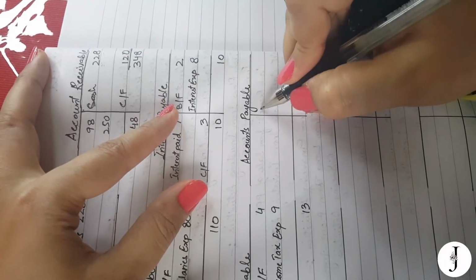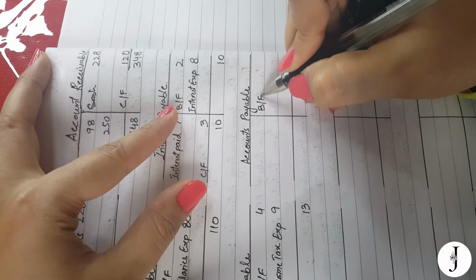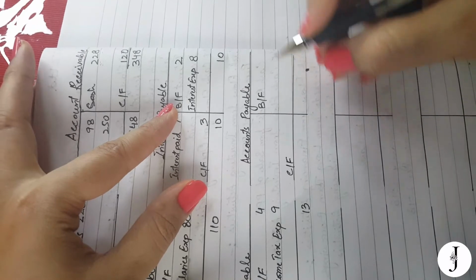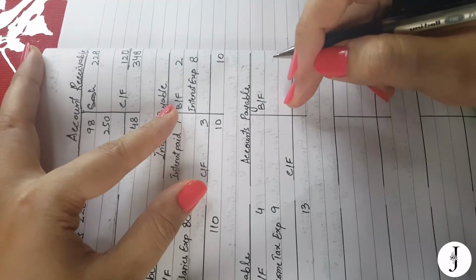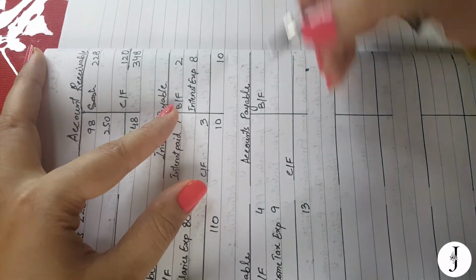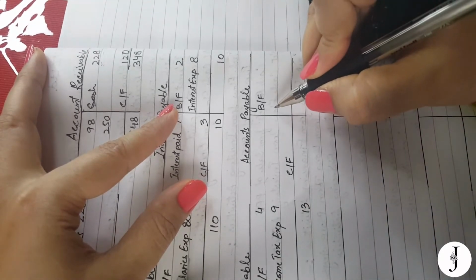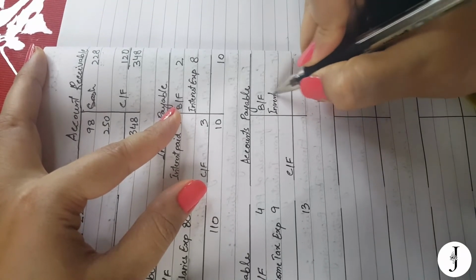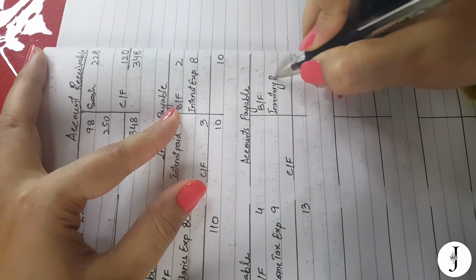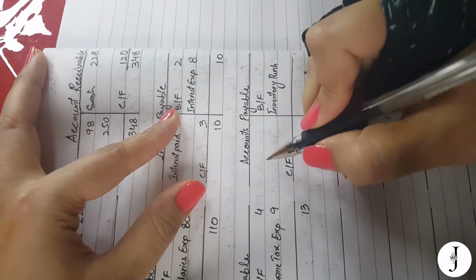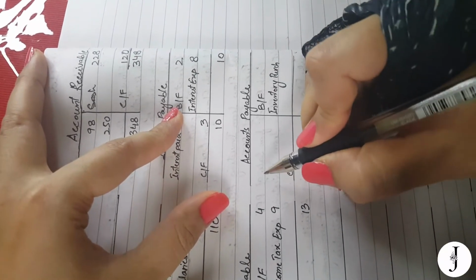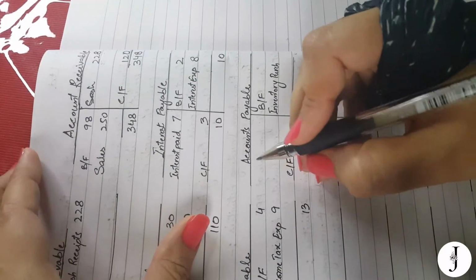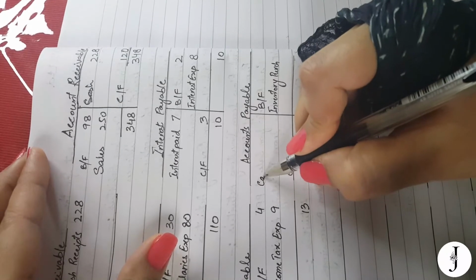So the opening balance will come on the credit side and the closing balance will come on the debit side. So here we will write inventory purchase. And here, the cash paid.